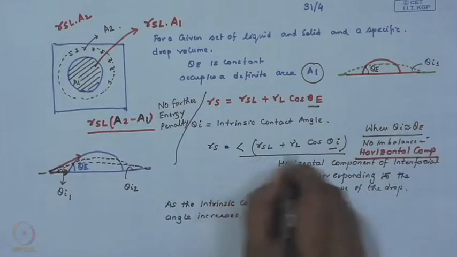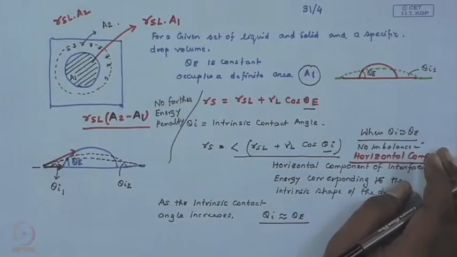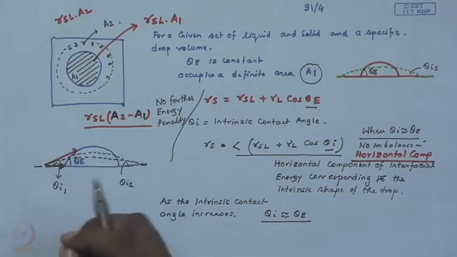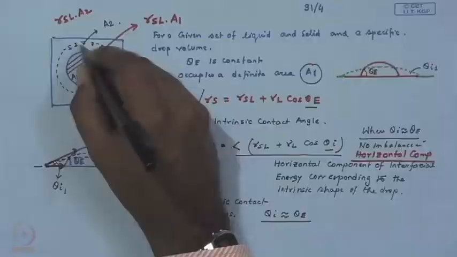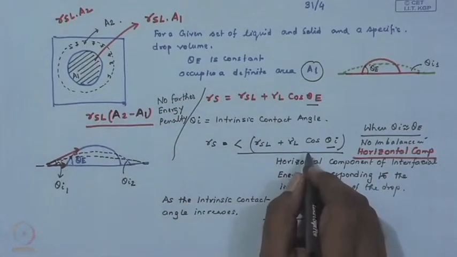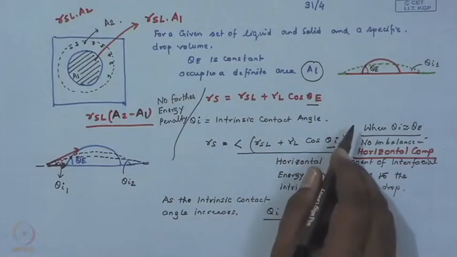This resulted in an imbalance in the horizontal components of surface and interfacial tension in Young's equation, and the drop was now occupying more area on the solid surface than it is supposed to occupy based on its dispensed volume and the balance of its surface and interfacial tensions. This excess area corresponded to this much energy penalty, which is also a different way of representing the imbalance in the right hand side of Young's equation.